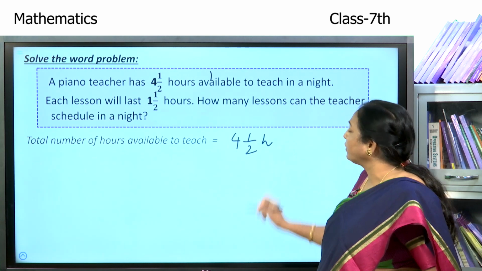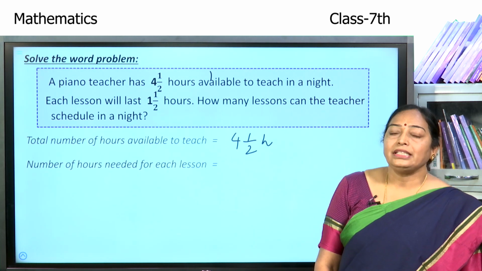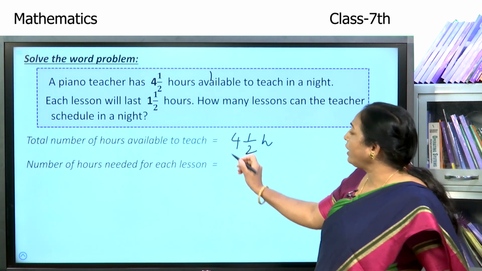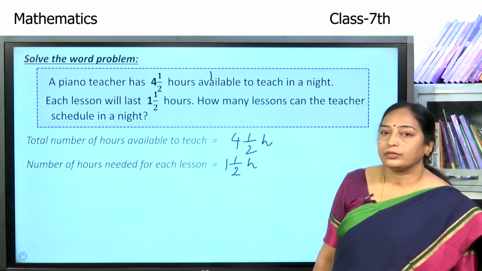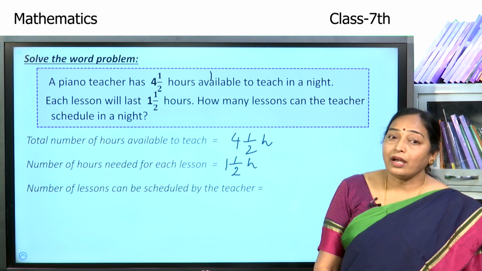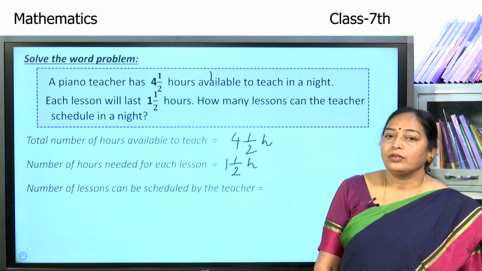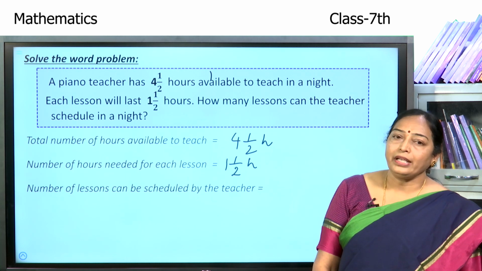And number of hours needed for each lesson is 1.5 hours. What are we going to find? Number of lessons can be scheduled by the teacher. We should divide 4.5 by 1.5.